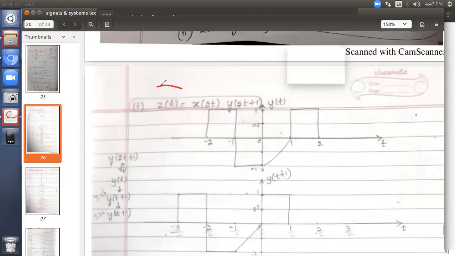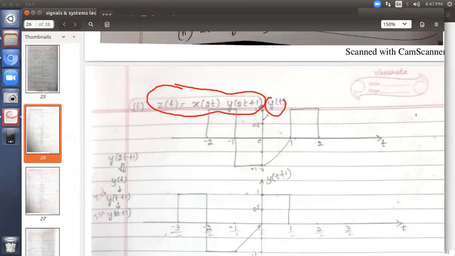According to the given question, we have to multiply these two signals. This is actually the vertical axis signal. Don't get confused. So x of 2t into y of 2t plus 1, let us multiply.